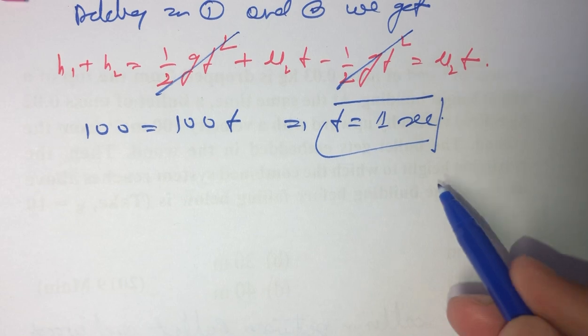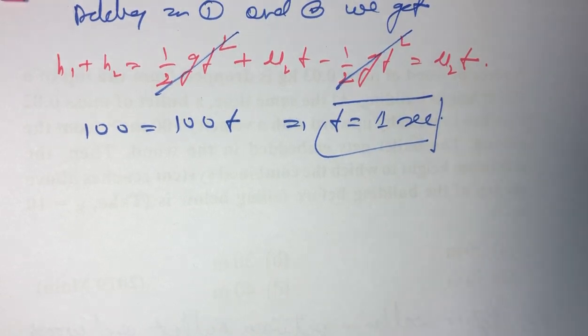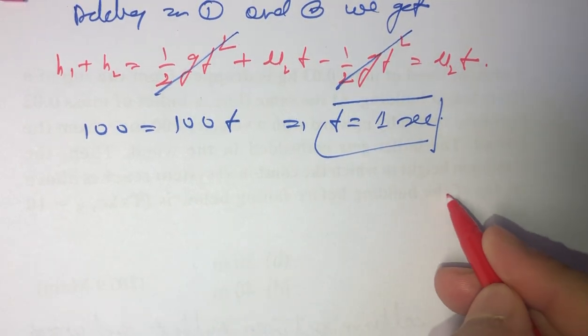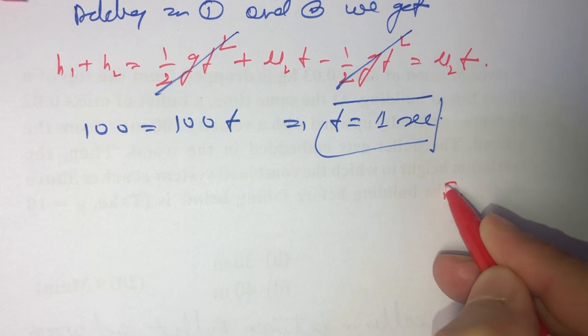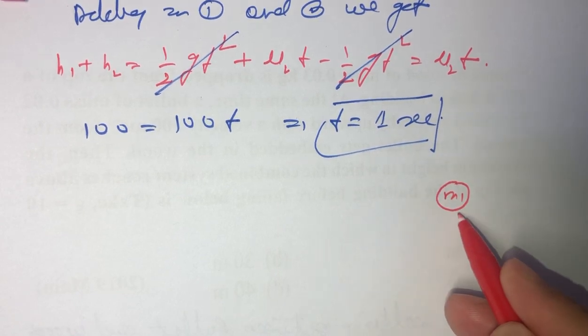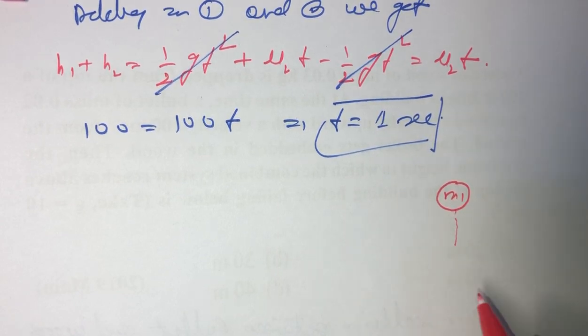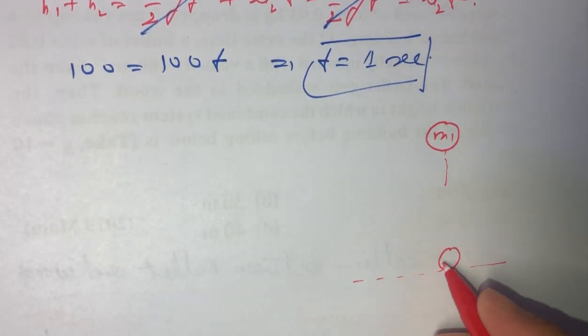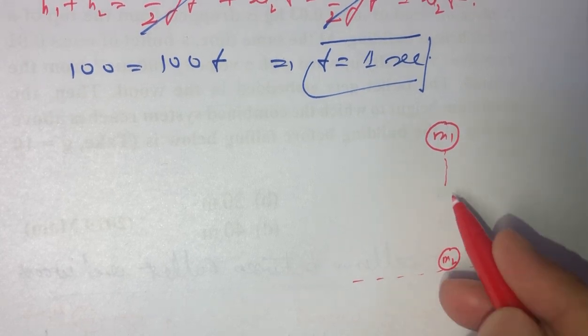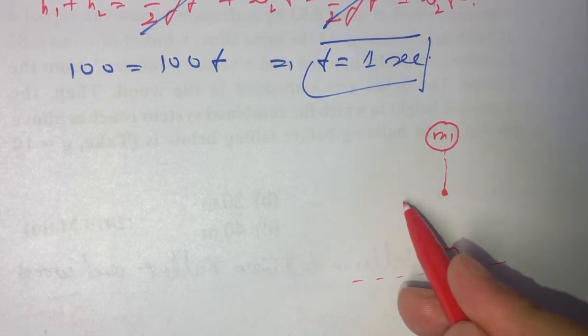Now we have that wooden piece with mass m1 traveling downward, and we have a mass m2 which is moving upward, and suppose this is the point of collision.